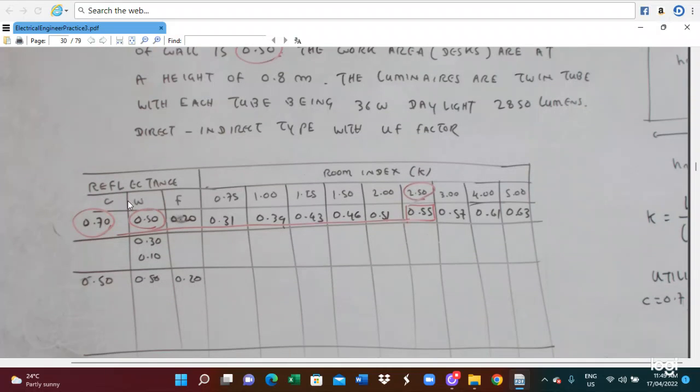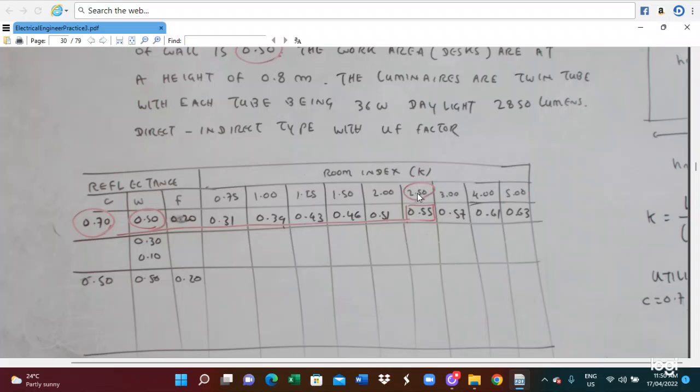So here is a table. This is the room index table here. So this is for the room reflectance value. The reflectance values CWF are given here. So there is 0.7 and 0.5 for the reflectance values, and in the table you can see the room index factor.